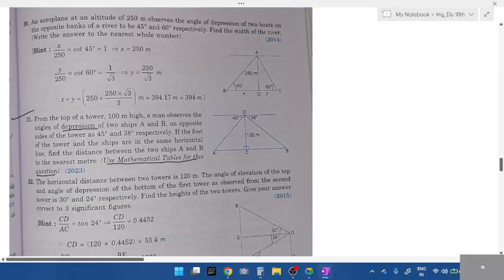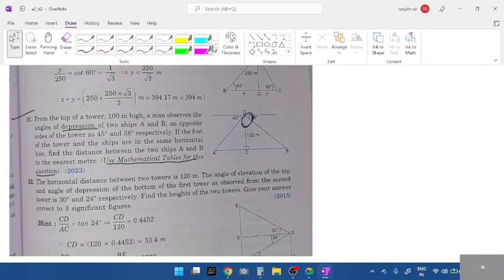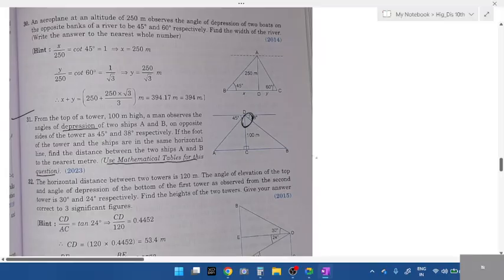Copy the question. Don't copy the diagram, students. For now, don't copy the diagram. I'll teach how to draw. Write 2023. Write it as 2023.